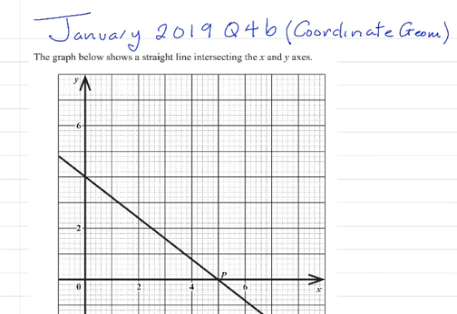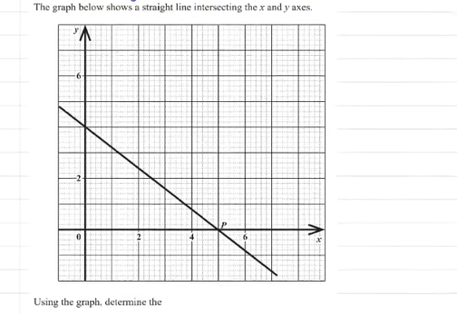January 2019, question 4b. It says, the graph below shows a straight line intersecting the x and y axes. Alright, so this is our graph.